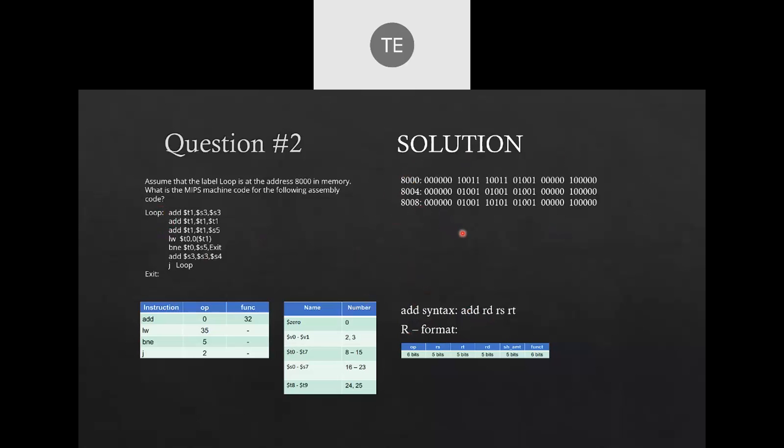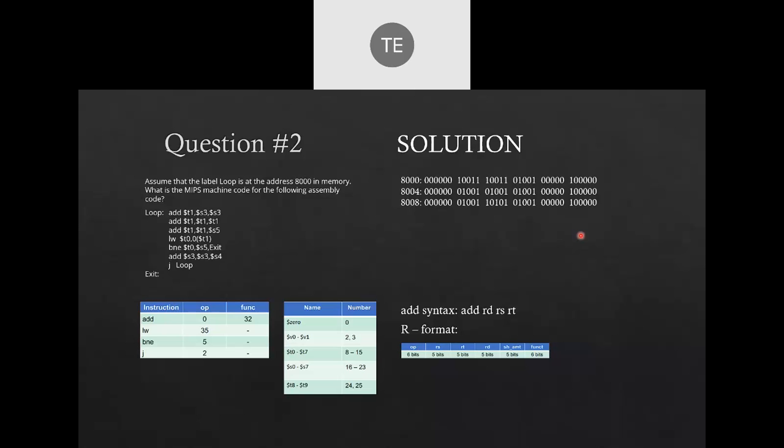You need to translate the syntax into binary code, like the add operand. We need to fill in the bits for operation, rs, rt, rd, shift amount, and function, like you can see in the format below.